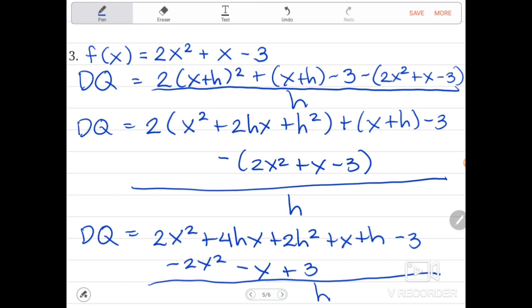So, look at the numerator. Do we have similar terms? So, this will be cancelled. This will also be cancelled. The x also. So, the remaining will be 4hx. Sulat natin.